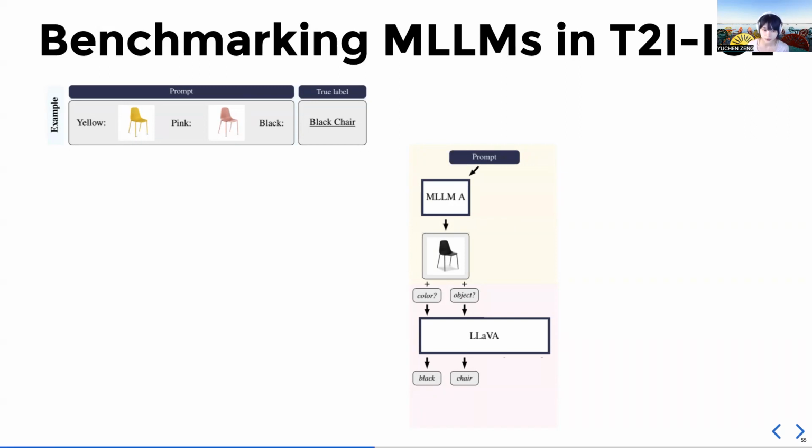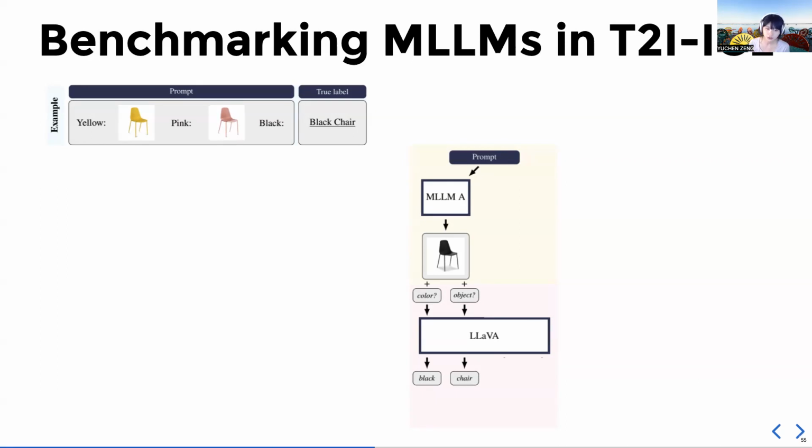So we use this to identify the color and objects or other attributes in the images. And actually, we carefully designed our dataset such that LLaVA can identify the attribute and objects of all the images in our dataset correctly. Which means that our dataset is at a suitable difficulty level such that LLaVA can evaluate the images correctly, which also confirms the reliability of LLaVA in the evaluation pipeline.